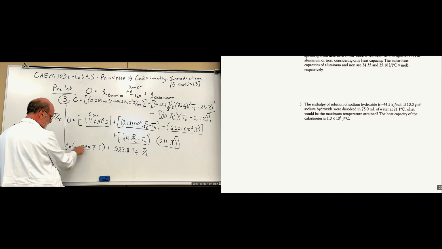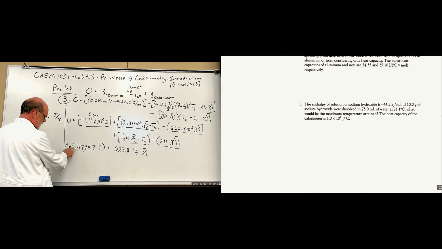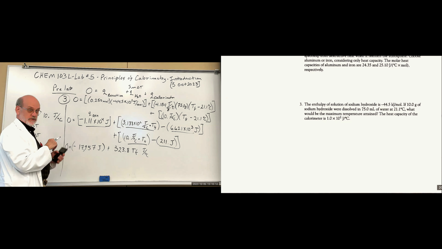If we take this one over to the other side, the negative goes away, I just change the sign. So we've got 17,957 on this side equals 323.8 TF, and TF then is equal to 17,957 divided by 323.8. Let's see.